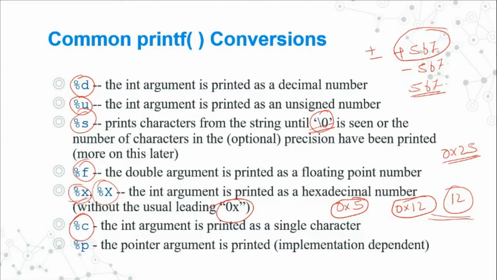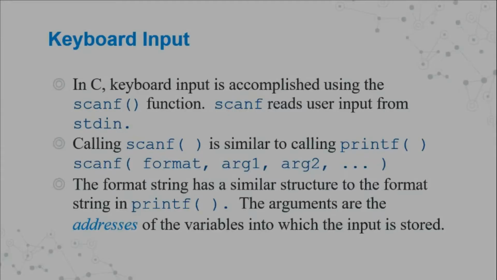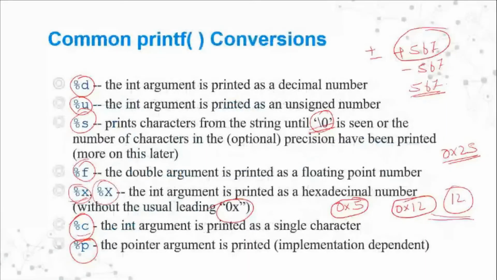If you want to output a single character, %c is used. Then %p is for a pointer argument. It is implementation dependent, meaning that depending on the type of system on which the program is running, %p may or may not work. So that's the thing about the printf statement.